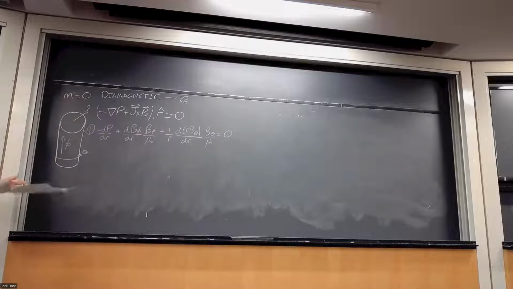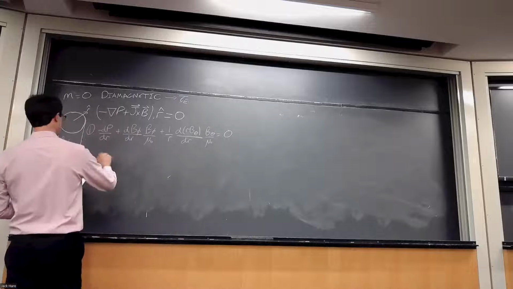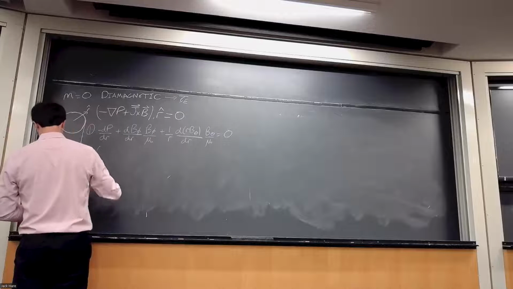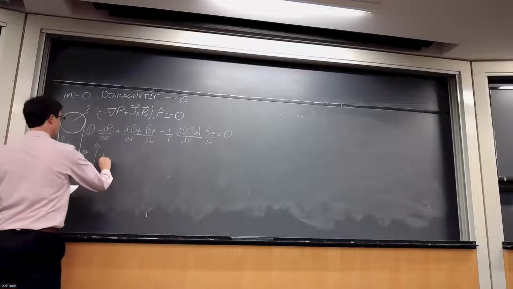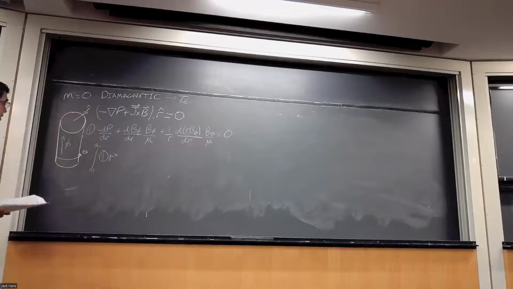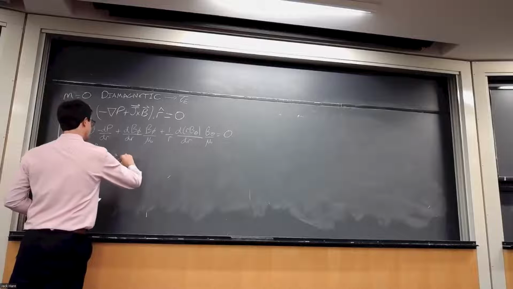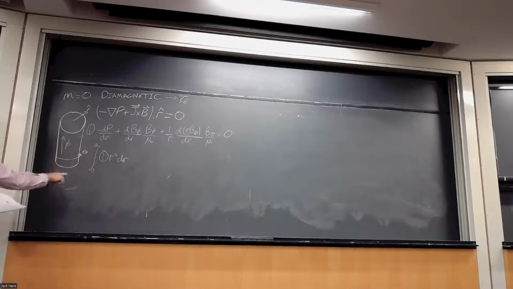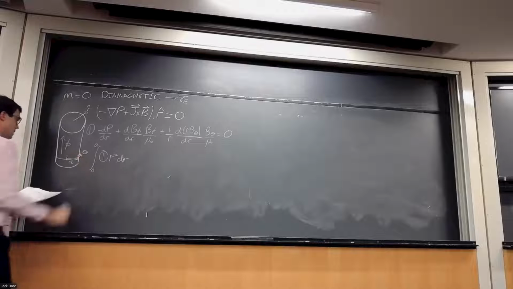Okay, if you take this equation 1 and you spend a little bit of time fiddling with it, and this is where I'm not going to do the whole derivation in class, you can take this equation 1 and multiply it by r squared, and then you can integrate it up. Equation 1 times r squared dr, integrated between 0 and a, where a is the edge of your plasma here.